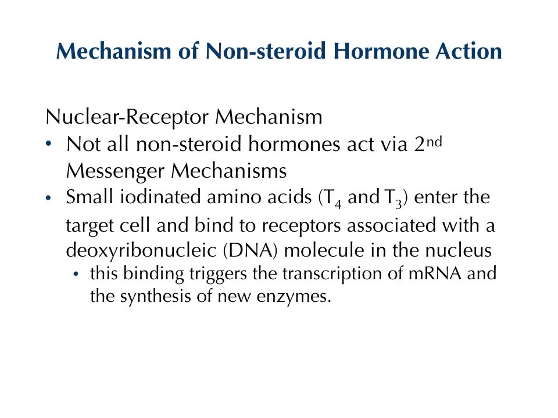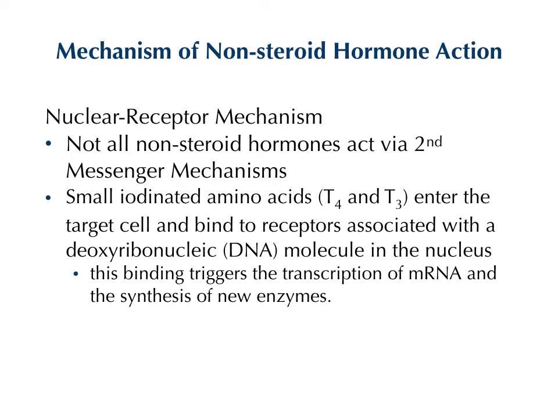Not all steroid hormones operate according to the second messenger model. A notable exception is the thyroid hormones, T4, thyroxine, and triiodothyronine, or T3. T3 and T4 apparently enter their target cells and bind to receptors already associated with the DNA molecule within the nucleus of a target cell.